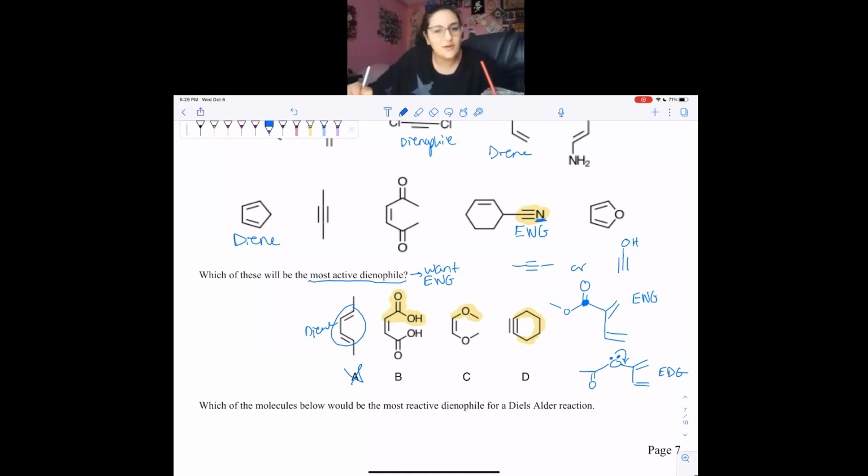So whenever you see a carbonyl, if it's attached at the carbonyl carbon, it's a withdrawing group. If it's attached at the oxygen, it's a donating group. So this is electron withdrawing.